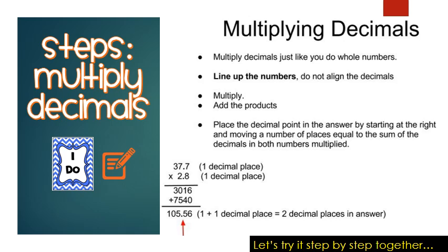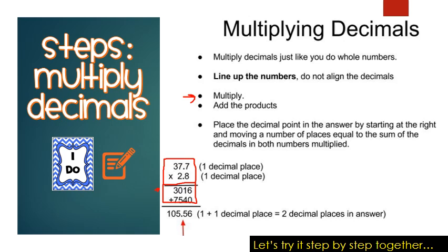Okay, down here we have our decimals and we've lined up the numbers. In this case, our decimals do line up too. Sometimes they will, sometimes they won't. But we're going to line up our numbers. Now, this step right here, we multiplied our 8 times 7, 8 times 7, 8 times 3.